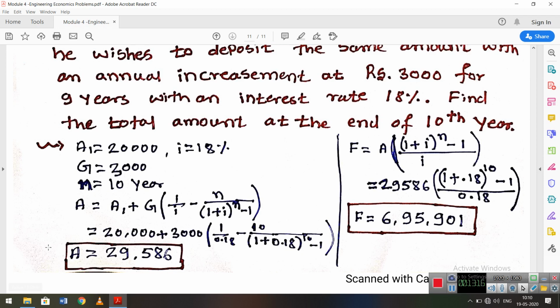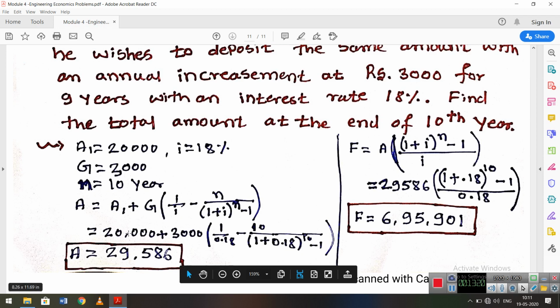You put it into this equation, where G is 3,000, 1 by i is the interest rate, n is 10 years, (1 plus i) raised to n, minus 1.